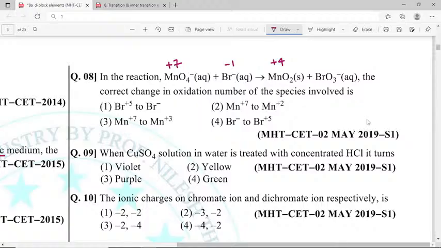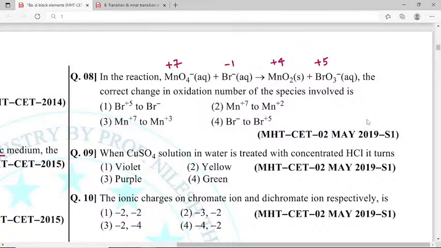So Br plus 5 to Br minus is not correct. Mn plus 7 to Mn plus 2 is not correct. Plus 7 to plus 3 is not correct. And Br minus 1 to Br plus 5, yes, it is correct. Option number 4 is correct.